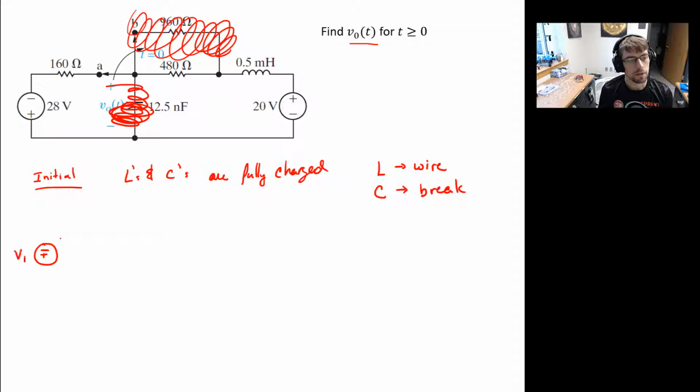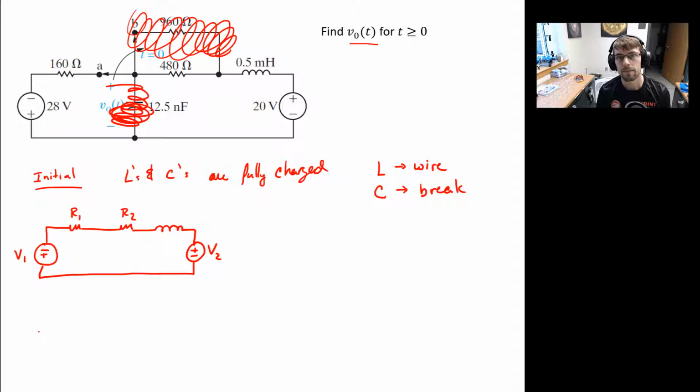And so what we have is, I'll call this V1, we have our V1 supply. We have R1. We'll go through. We have R2, that 480 ohm. We have our inductor, and then we have a second potential supply. Call that V2. So this is the circuit that we're asked to analyze for our initial state.